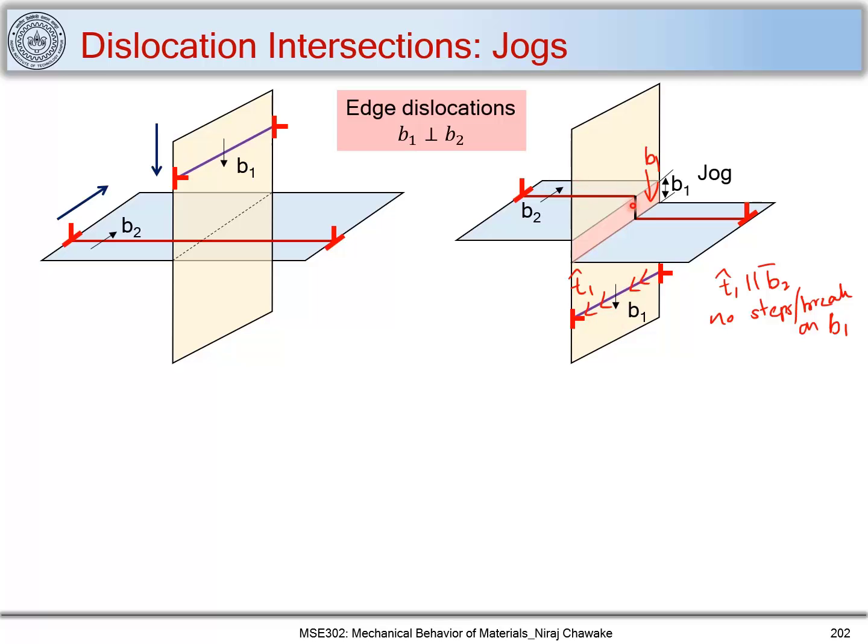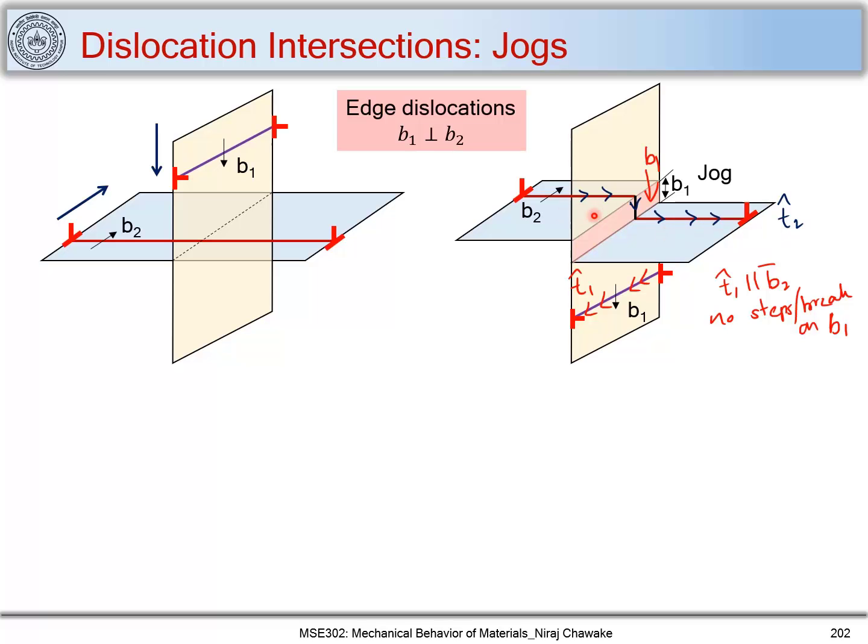Now let's look at what is the nature of this jog. To find out the nature of the jog, we need to find out the tangent vector and the Burgers vector for this break or jog. So let's find out the tangent vector. The tangent vector for this dislocation I am marking here. So you have tangent vector T2, and as we know, the Burgers vector for this dislocation will remain invariant.